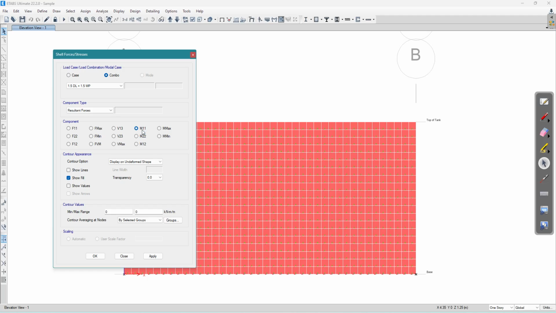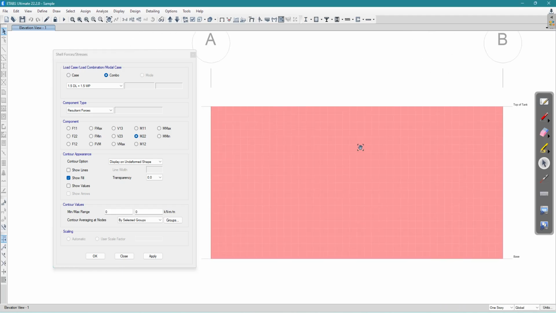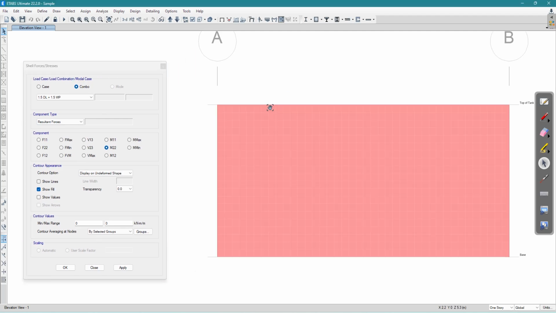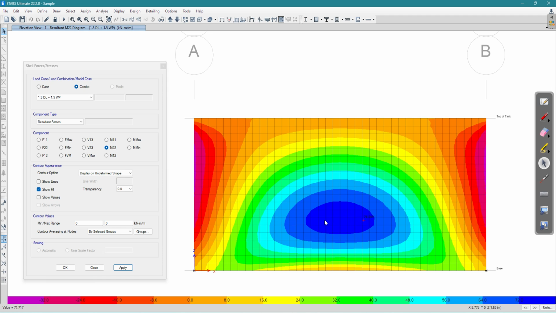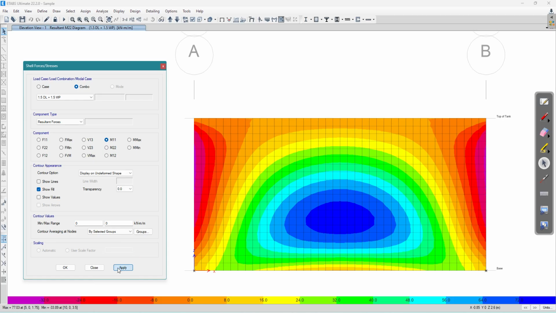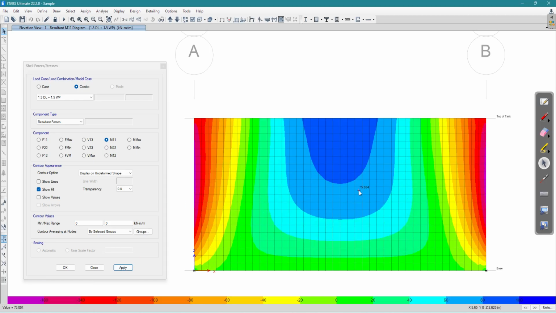M11 is horizontal bending, M22 is vertical bending. If you click M22, select the combination with water pressure. See here, this is the resultant M22 diagram, which means vertical bending. Similarly M11 is for horizontal bending.